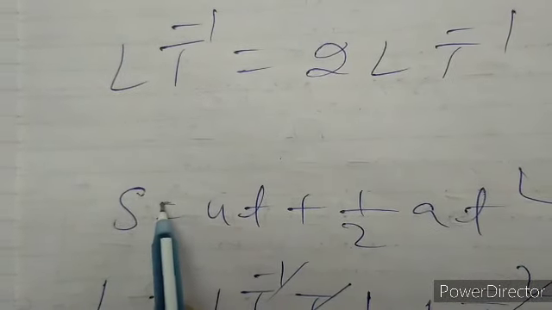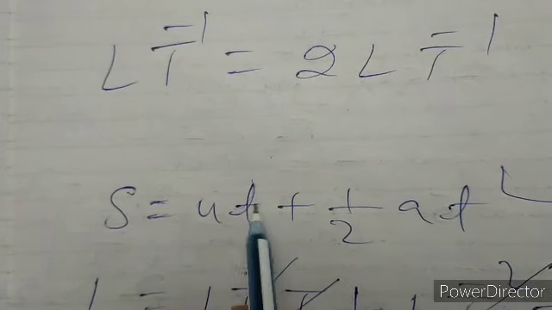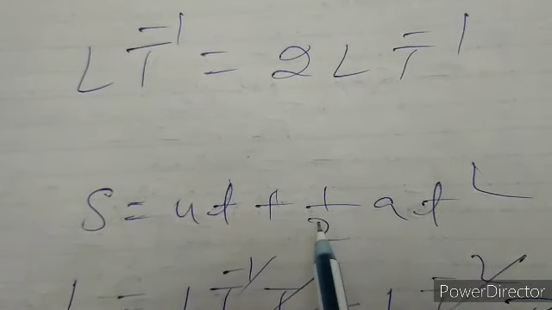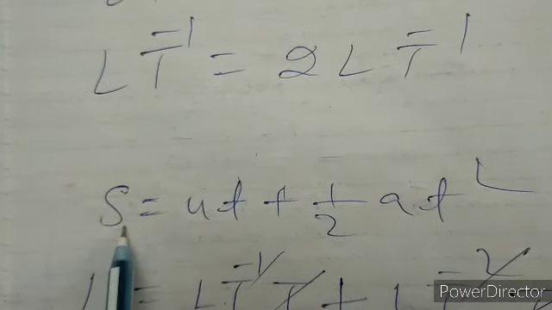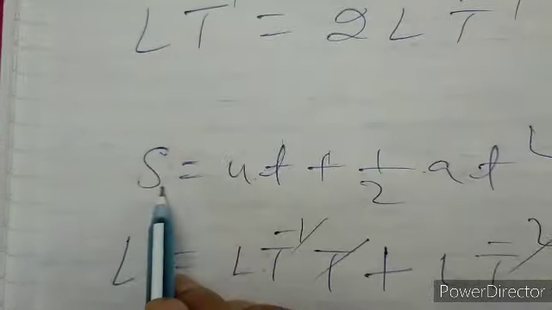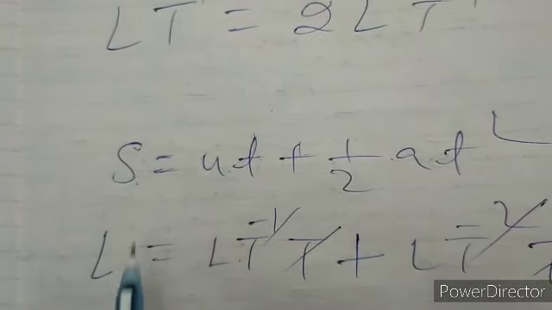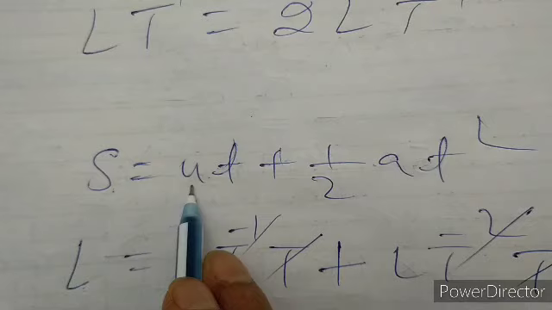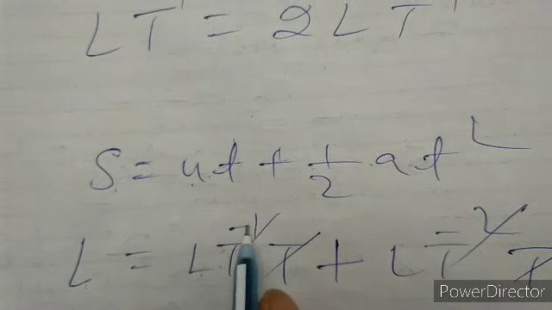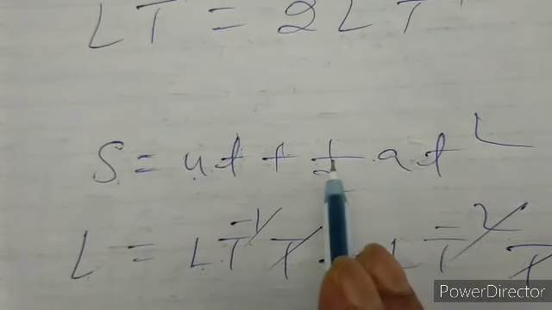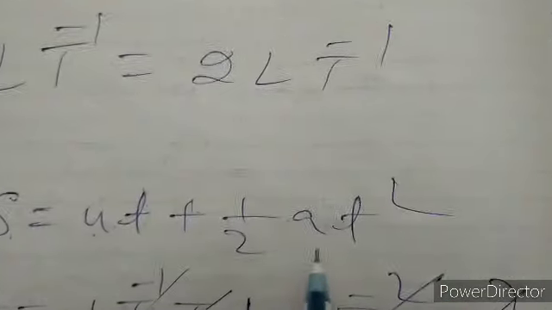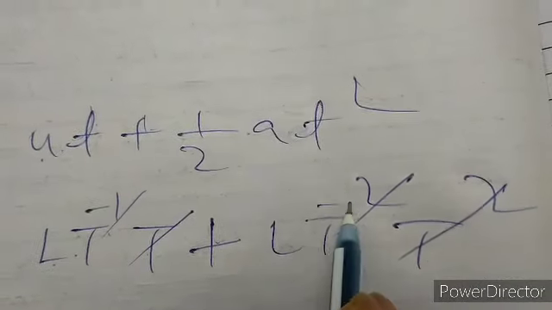Now check another formula: S is equal to ut plus half at square. Substituting the dimensional formula on both sides. S is displacement, whose dimensional formula is length L. u is initial velocity, LT^-1, times T. A number has no dimensional formula, so leave this half. a is acceleration LT^-2, and t is time, so T square.